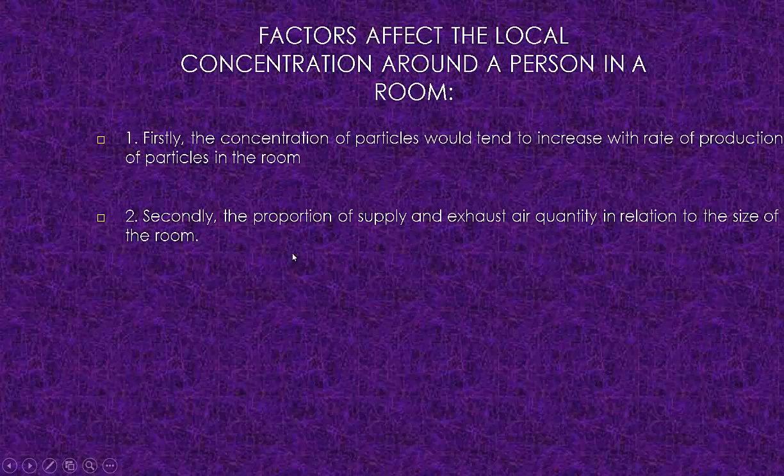Like if the standard recommends that 12 or 20 ACH are needed in one isolation room, we can supply and exhaust air in that ratio, so that in 1 hour there are 12 air changes in the room. Then the concentration of particles will decrease.